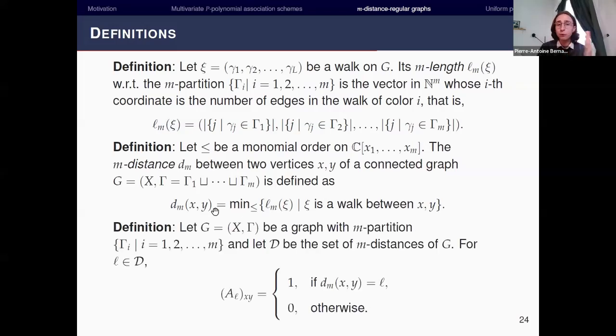And so if you have your graph, you have this coloring of the edges, and you take any possible m distance, so you take an m distance L. Again, L will be a tuple of m integers. Then the way we define the m distance matrix AL of this graph will be the matrix where the entry xy is 1 if x and y are at m distance L and 0 otherwise.